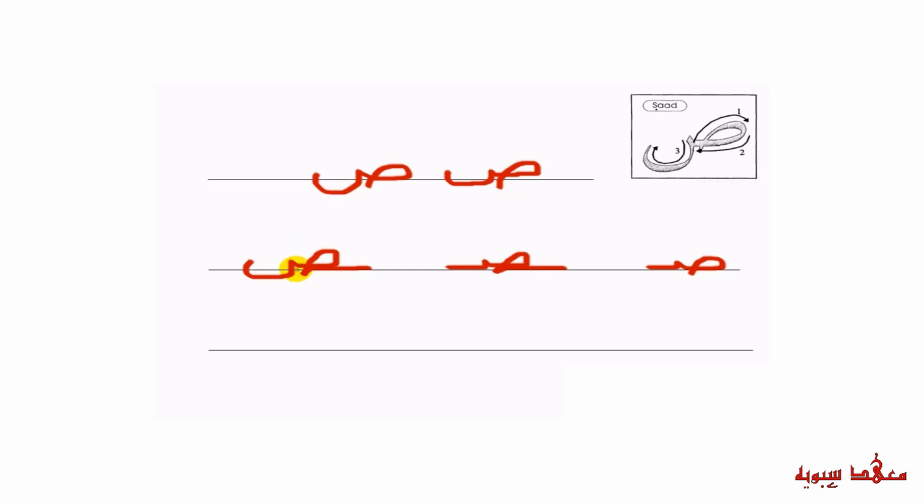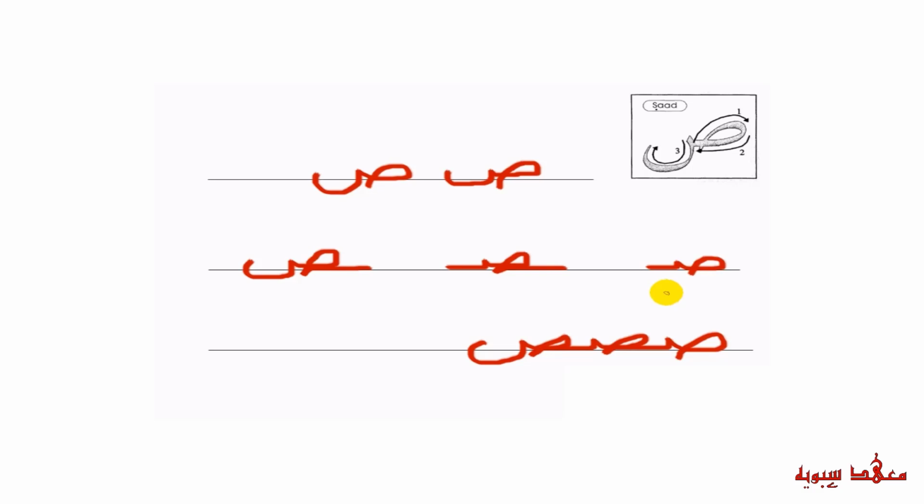So that's how it's done. Now writing three saads as if they were in the same word is as follows. So it's the letters joined together.